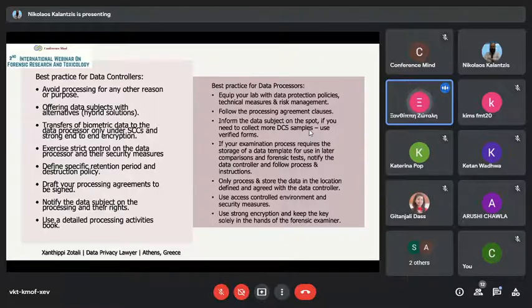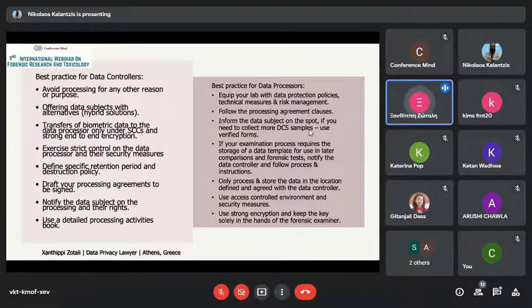And as we mentioned before, define their retention periods and the processing clauses in the agreements. And of course, notify the data subjects of their rights at the point of collection and use a processing activities book that describes every activity that's being done on this data.